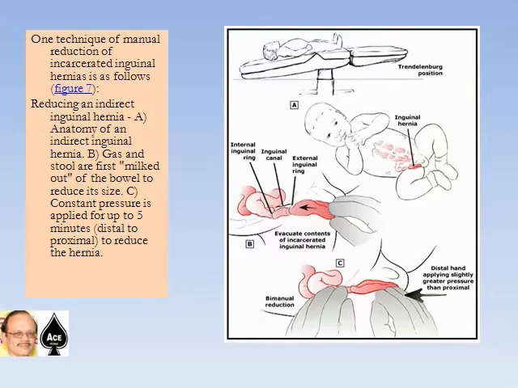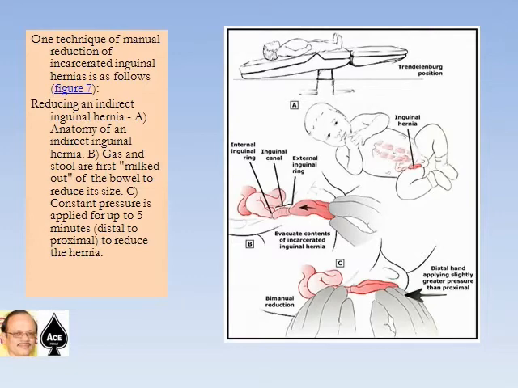The patient is kept in the Trendelenburg position. In B, the gas and stool are first milked out of the bowel to reduce its size. You can see the internal inguinal ring, inguinal canal and external inguinal ring, and evacuation of the contents of the incarcerated inguinal hernia, and how the fingers of the surgeon are directed.